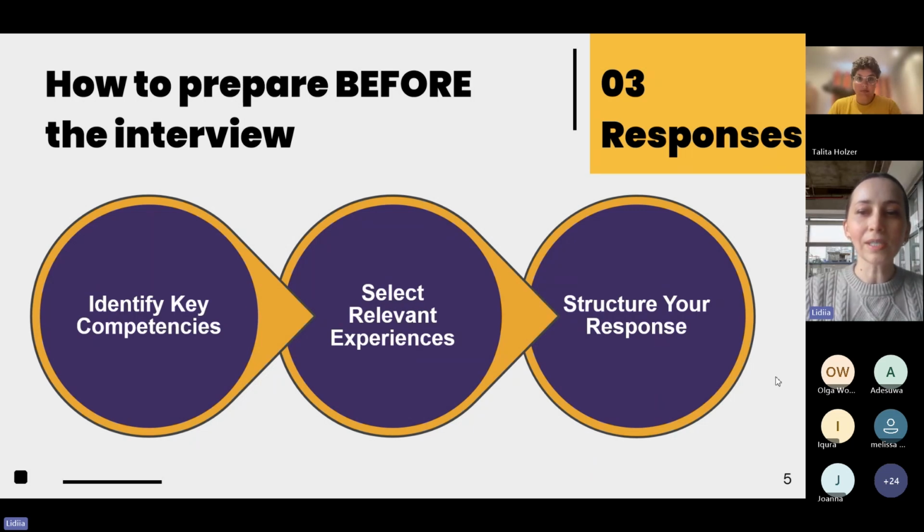After that, you need to select relevant experiences. You need to choose examples from your past work, volunteer activities, or academic projects that highlight some of these competencies. Try to select examples that are the most relevant to the role you are applying for. Someone might ask you about when you had to deal with a difficult customer, for example.